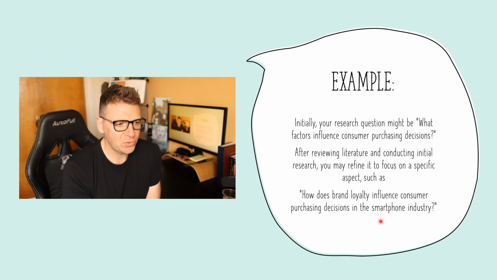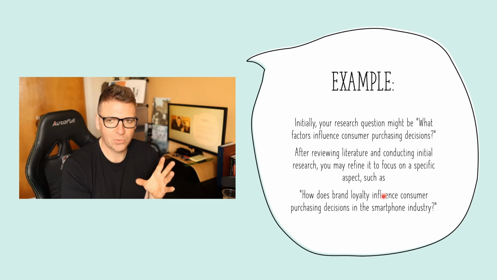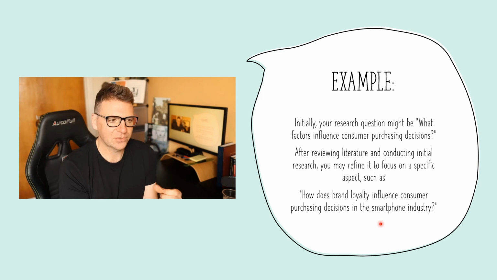So now we've gone super specific, smartphone industry. And so instead of just saying what factors influence consumer purchasing decisions, we've refined it further. So we're talking about brand loyalty. So that's a sort of more specific thing. And the smartphone industry. So now we have a target population.